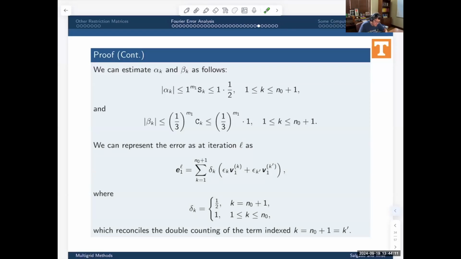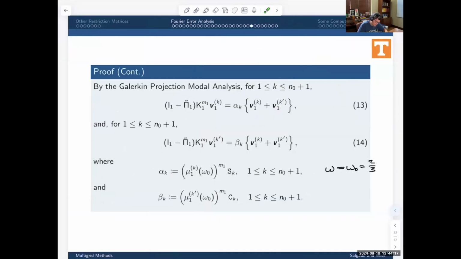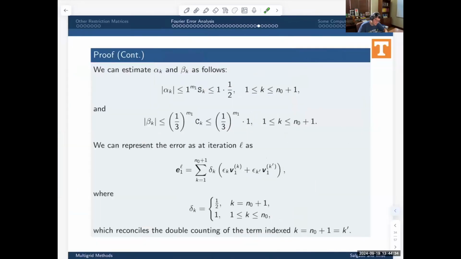So for alpha k, what kind of modes are we dealing with? These are the low frequency modes. How do I know that? Because k is between 1 and n0 plus 1. So at best I can say these are less than 1. What if I take them to the m1 power?